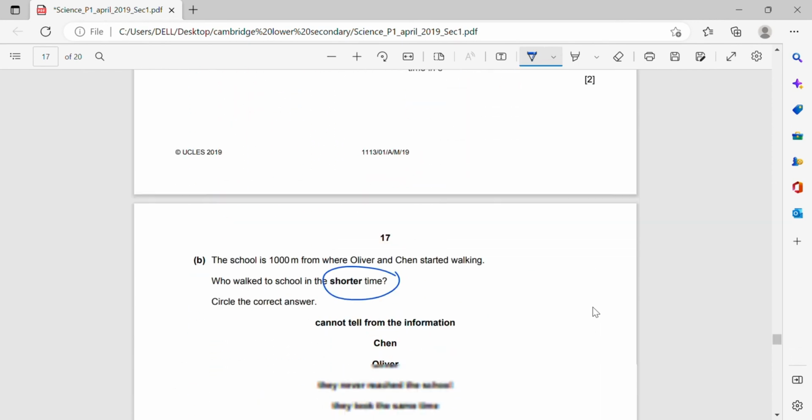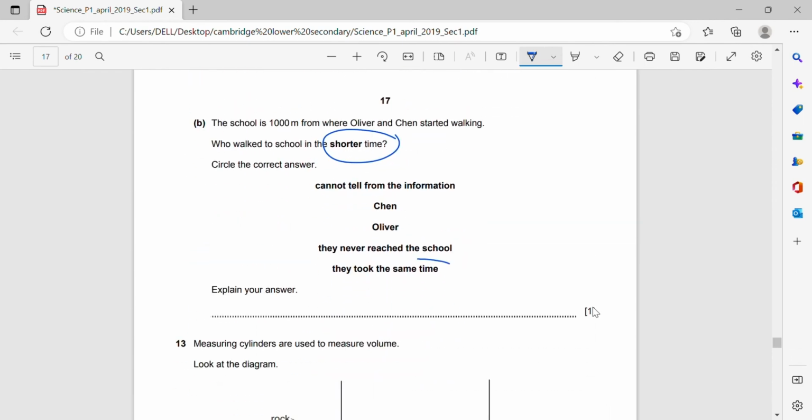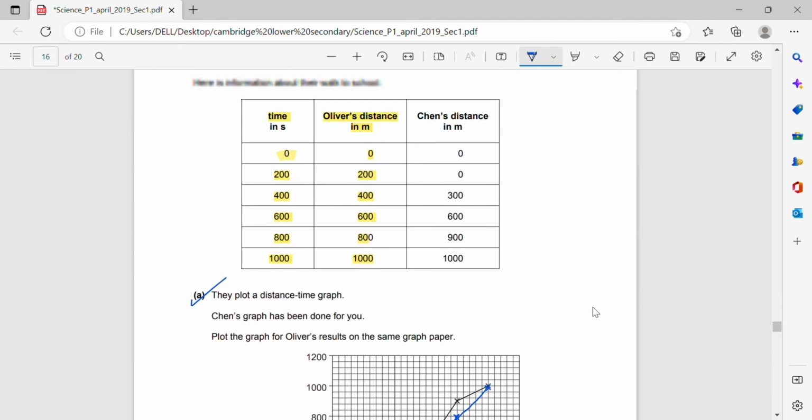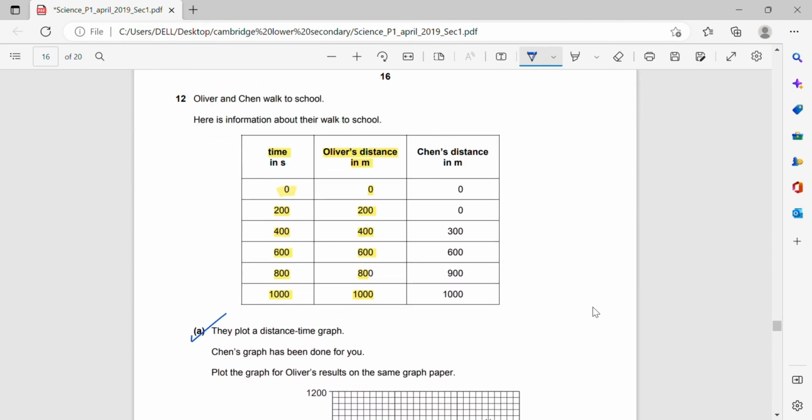So the answer is they took the same time. Why did you choose that? According to the information given, looking at the table, we find that Chen starts later, but he arrives at school at the same time.